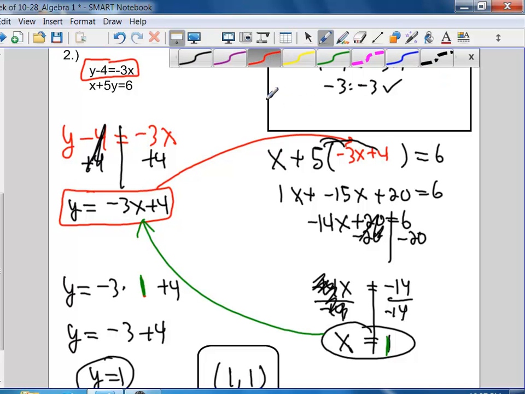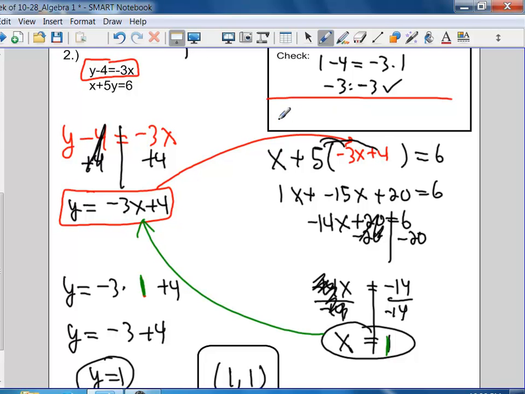And then on the bottom equation it was 1 plus 5 times 1 equals 6. So that's 1 plus 5 equals 6, which means that 6 would equal 6, so that's a check. So that means this answer is correct.